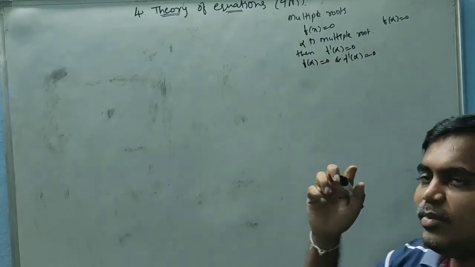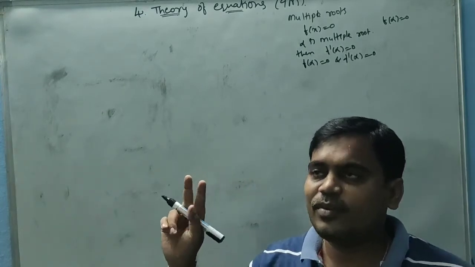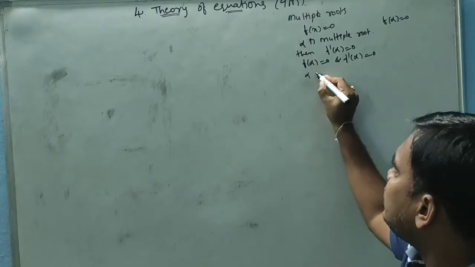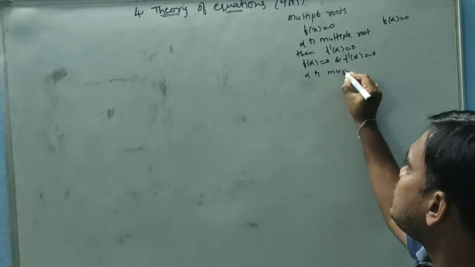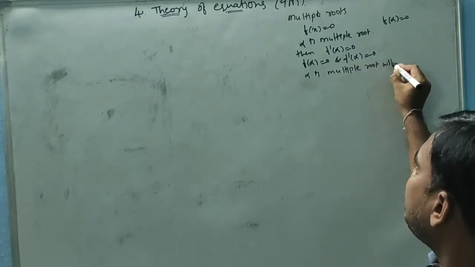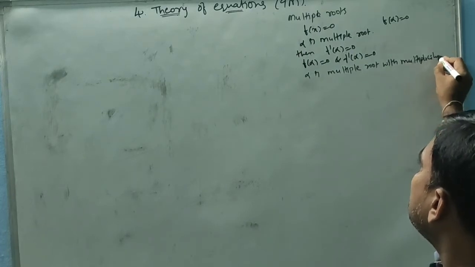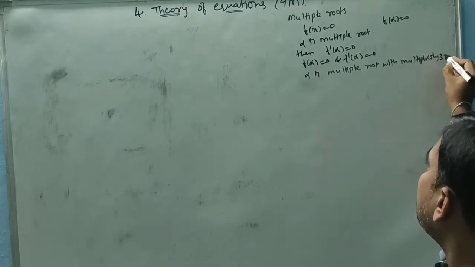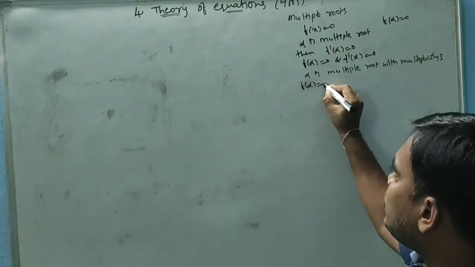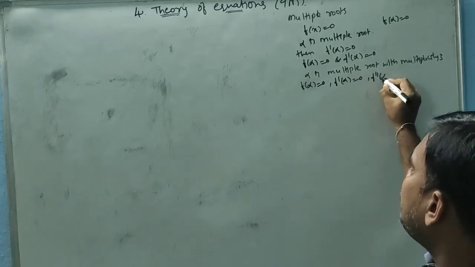If alpha appeared 2 times as a root, then these two conditions will be satisfied. If alpha is a multiple root with multiplicity 3, multiplicity means it came 3 times, then f of alpha equal to 0, f dash alpha equal to 0, f double dash alpha equal to 0.